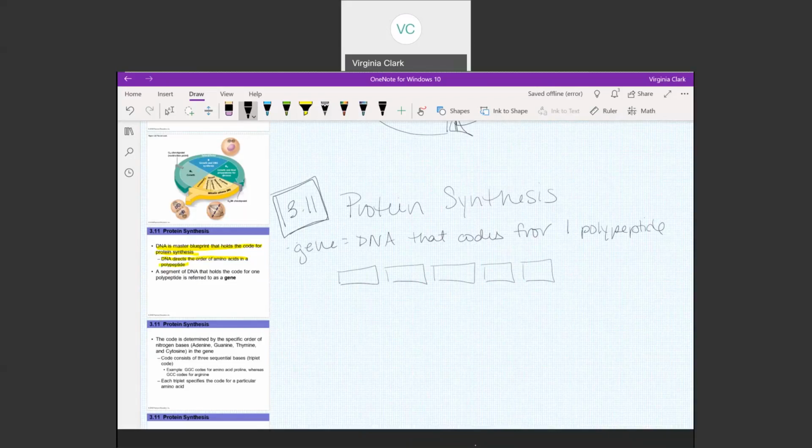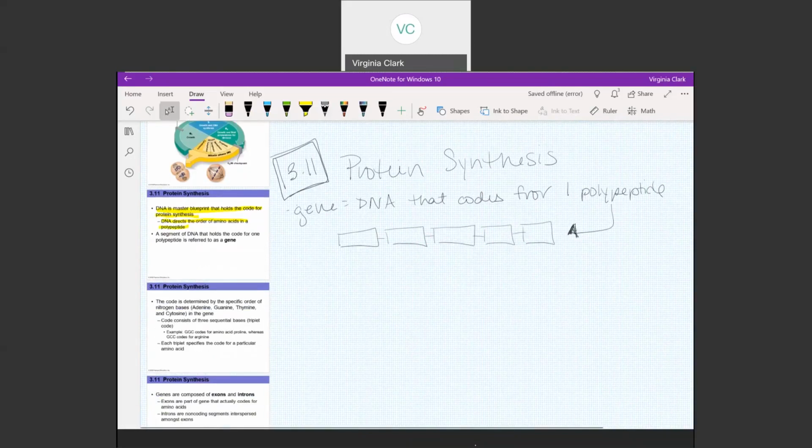Put them together with peptide bonds, and you are going to get a polypeptide. So a gene codes for one polypeptide chain. Humans can have up to 2,500 protein-encoding genes. So that's a ton. Just keep in mind, we're talking about a lot of information.